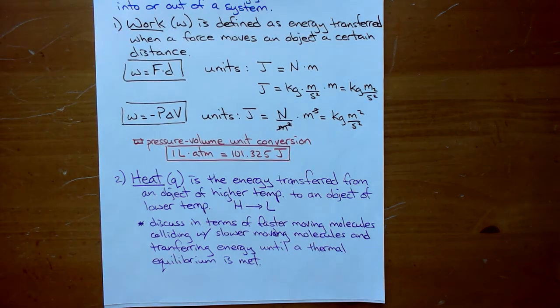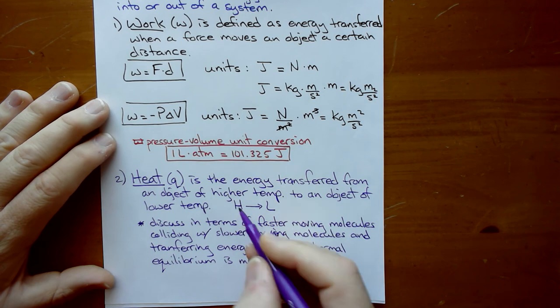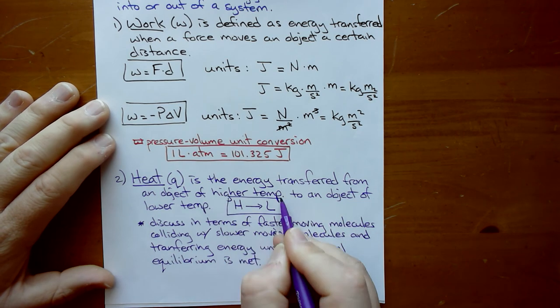But the energy before and after is always the same. And eventually, after they hit each other enough, they end up with the same amount of kinetic energy or velocity, and we call that thermal equilibrium, or the same temperature. Again, remember, it's always high to low.